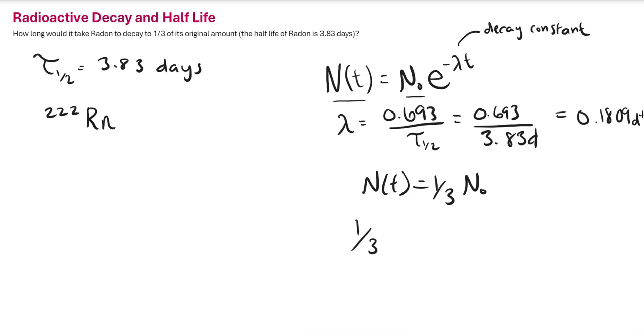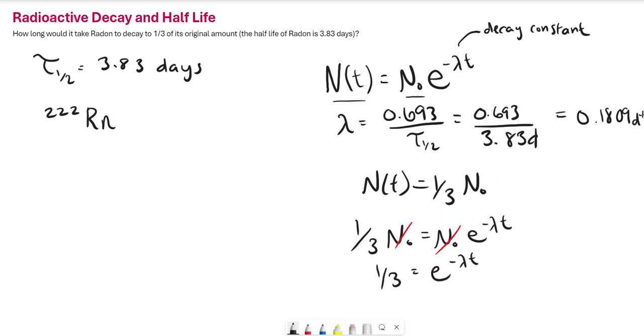So that's 1/3 N naught equals N naught times e to the negative lambda t. As you can see, we have N naught on both sides, and these are just going to cancel out. And that's why you don't actually need to know the amount in a case like this. You divide through by N naught, and it's gone. And now you just have 1/3 equals e to the negative lambda t.